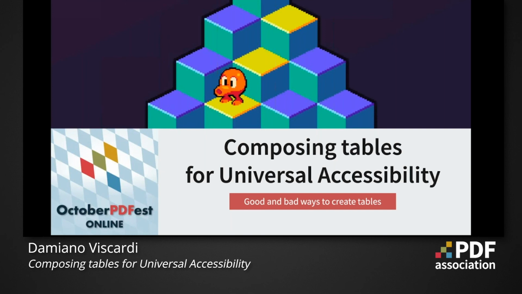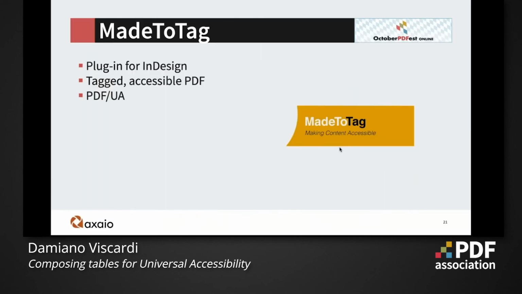Now, I am not a software vendor, okay? So I will talk about the software tool that I use most for checking and making quality accessible content, and it's MadeToTag. MadeToTag is a plugin for InDesign to make accessible PDF and PDF/UA.